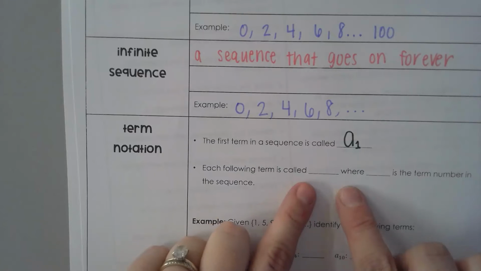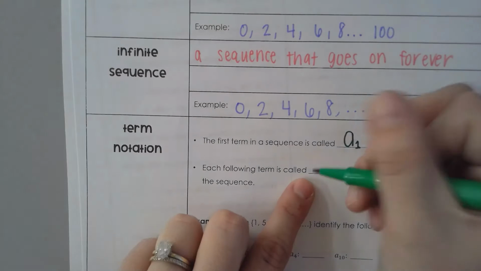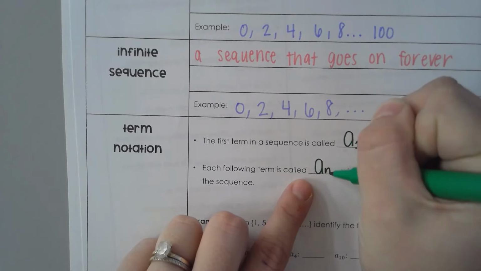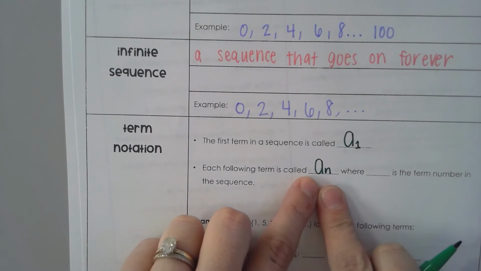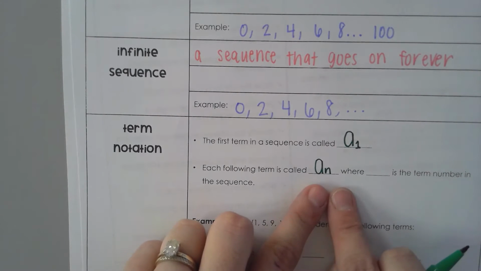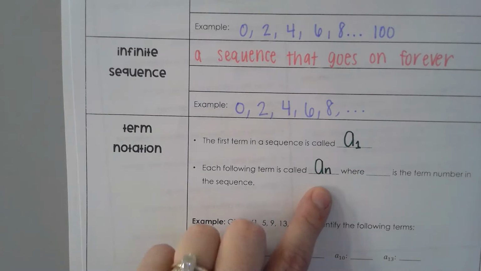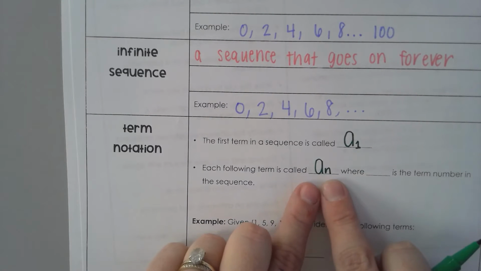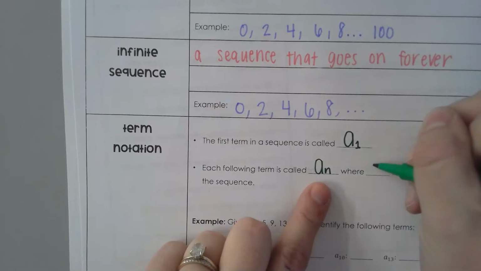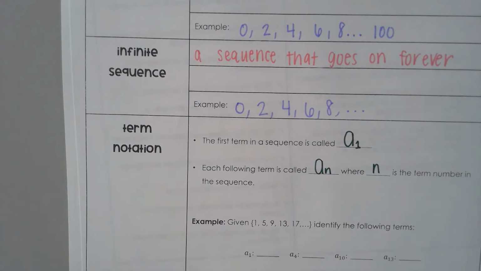So in general, we will use AN. If you see AN, that just means a term. You don't know which term. You don't know if it's the 4th one, the 10th one, because it's just an N there. That N represents which term it is.